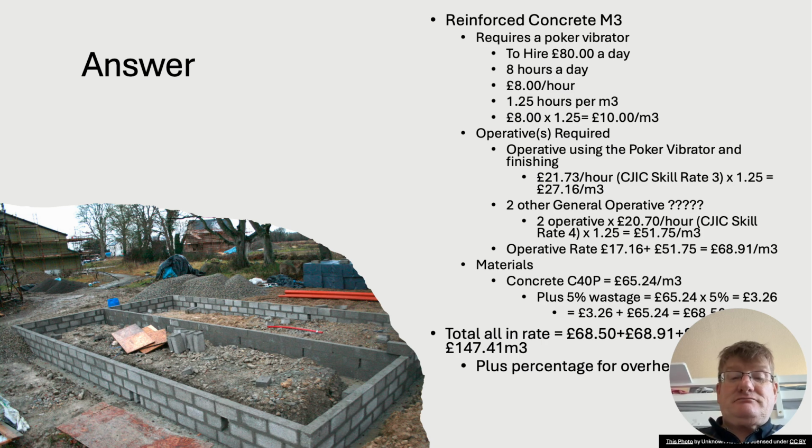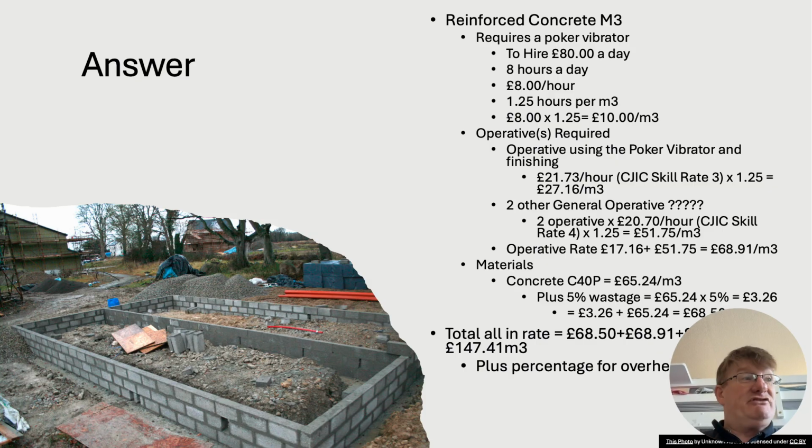I've added those two together, operative rate 3, the higher skilled operative, and the two other operatives, and it gives me £68.91 a metre cubed.